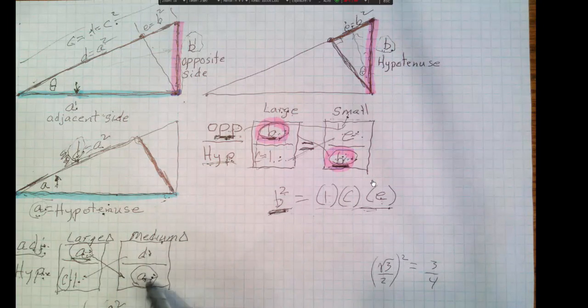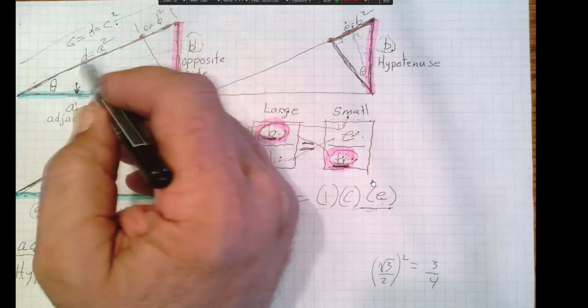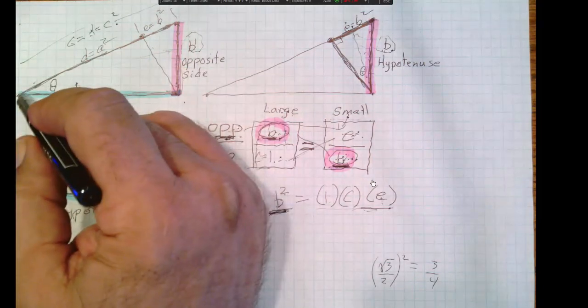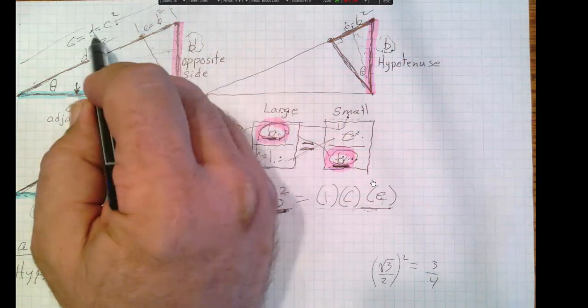So that's how we get a squared term here, A squared equals D. This cross multiply would be 1 times D. That's how come we could write D equals A squared. D equals A squared. So quite literally, the quantity A squared plus B squared is equal to C squared.